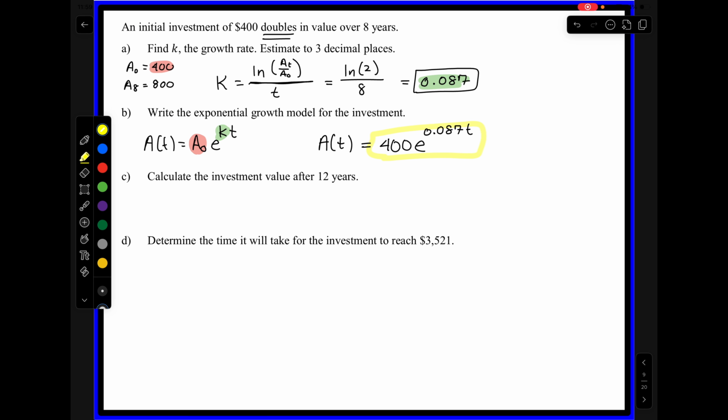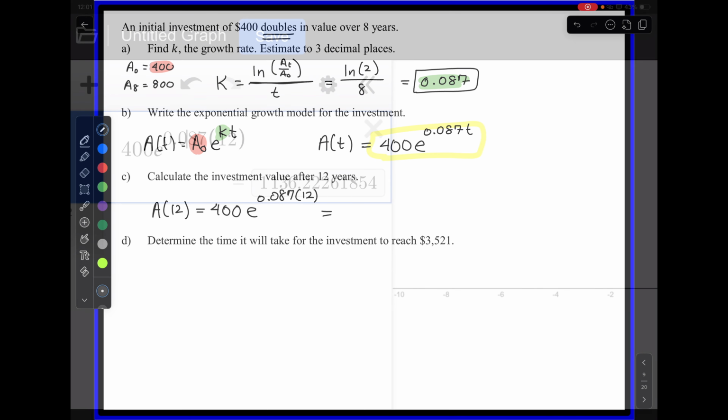We can now use this number to calculate the investment value after 12 years. Part C is essentially just asking us to replace the t value with 12 and evaluate this function. So using this model and replacing the t value with 12, 0.087, and replacing t with 12, let's plug this into Desmos and see what value we get.